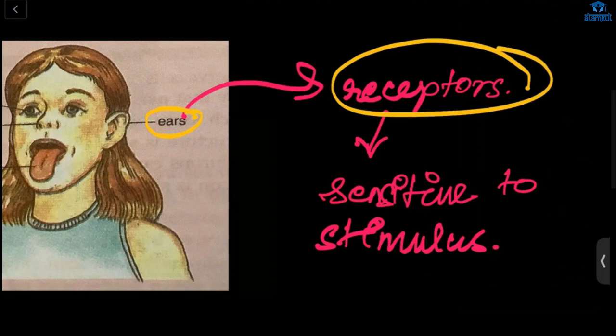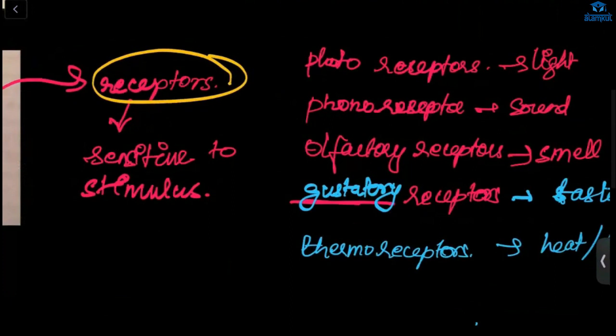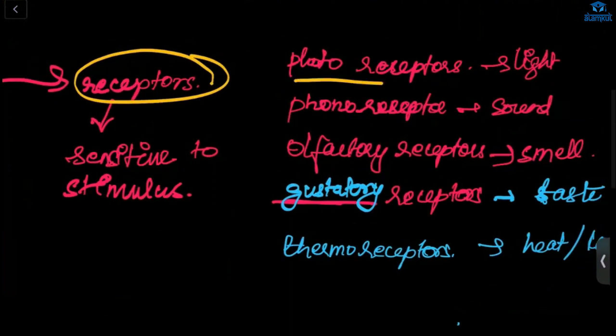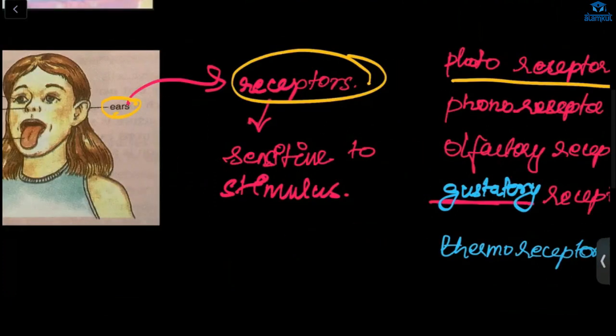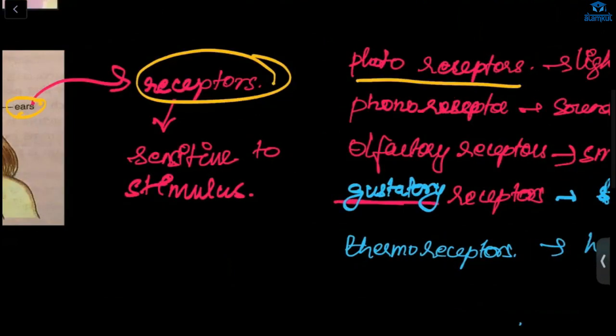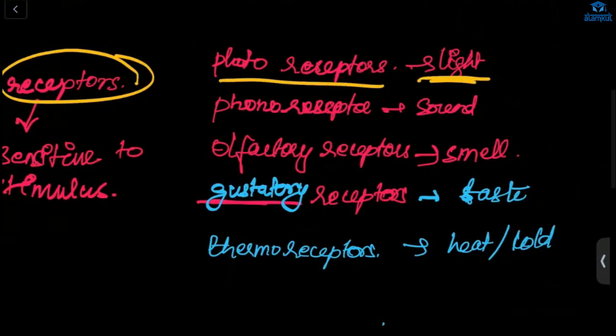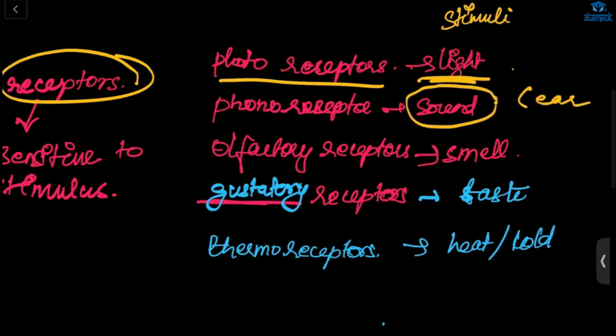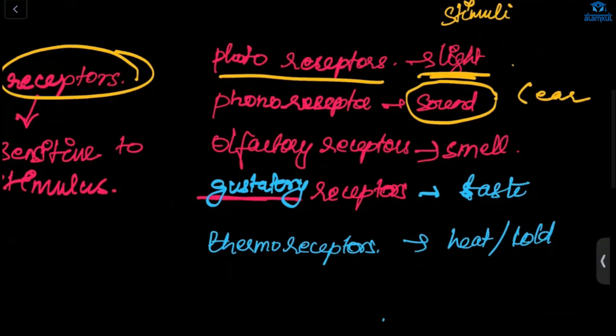Photoreceptors are found in the eye and respond to light. Phonoreceptors are found in the ear and respond to sound stimuli. Then olfactory, smell.